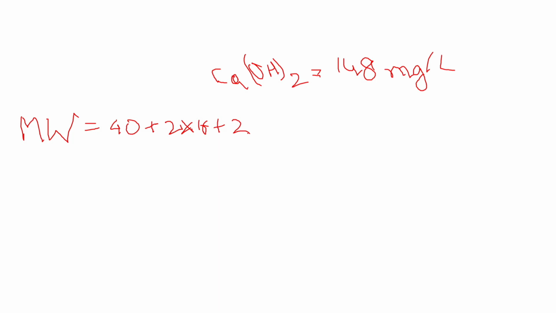So let's see the overall molecular weight of calcium hydroxide. 40 plus 2 into 16, plus 2, so it is 74 grams per mole.